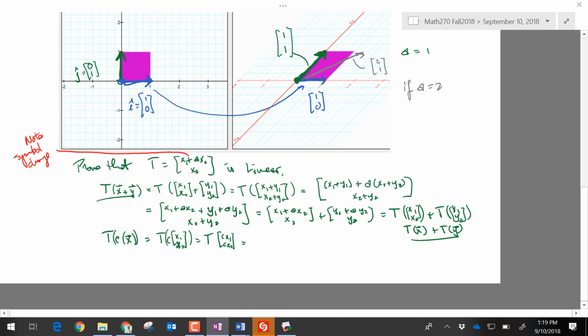And then using this formula now, we're going to put in cx1 plus a cx2, and then cx2. And then it looks like we can factor out the c from the first component, and then factor out the same thing from the second component, and then factor it out of the whole thing. And then we get c times T of x.